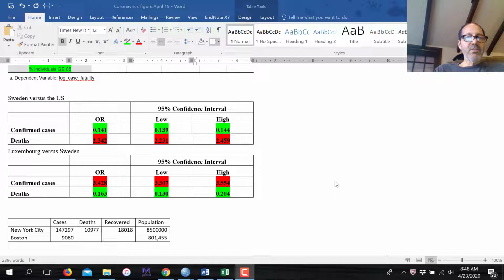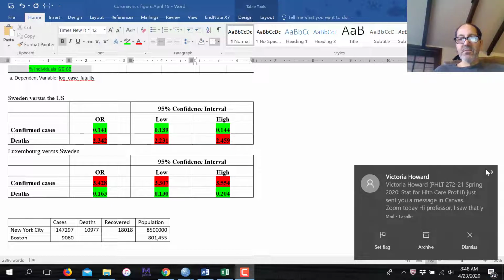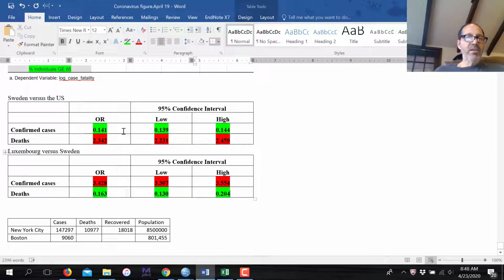In terms of cases, when we look at the odds, people in Sweden are 86% less likely to be a confirmed case than in the United States. So this is an odds ratio. Odds are the probability of success divided by probability of failure. If we consider success, and this is only a statistical term, as being a case, failure would be 1 minus that.